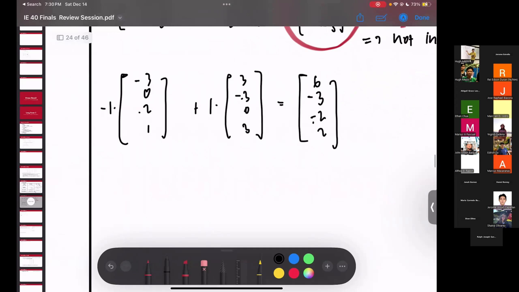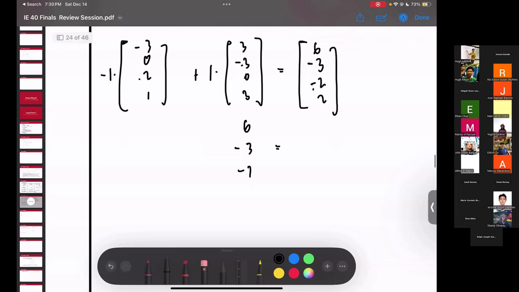So I think it's very likely na to be that. So anyway, -1 times -3 is 3 plus 1 times 3, so that's 6. So that's 0 plus -3, and then that's -1 times 2 plus 1 times 0, so that's -2. And then that's -1 times 1, so -1 plus 1 times 3, so that's +2.